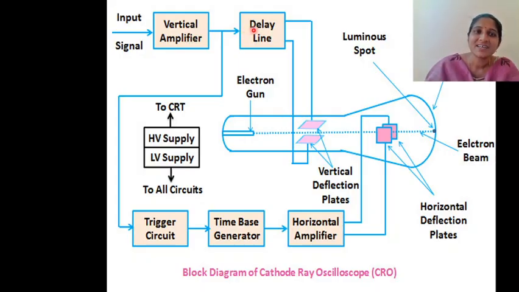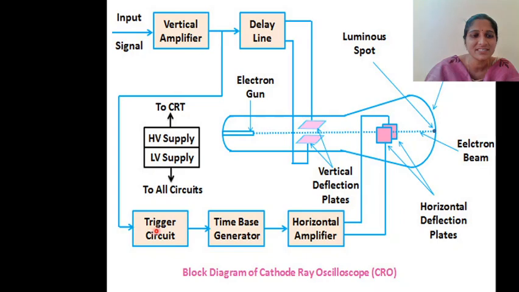Next, what does this delay line circuit do? It provides delay. Delay means it will stop for a certain time. So this delay line will hold the vertically amplified signal for a certain time till the same signal is obtained on the horizontal plane. Now the vertically amplified signal is also fed to the trigger circuit here.